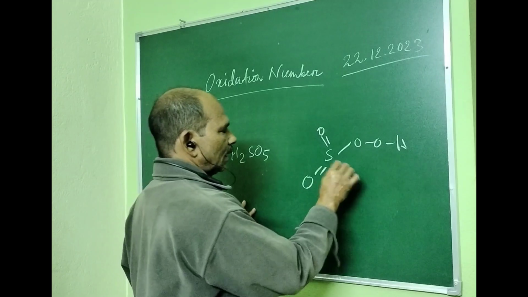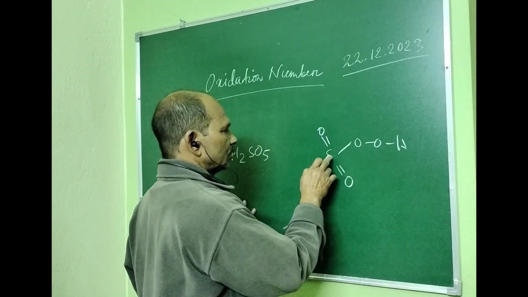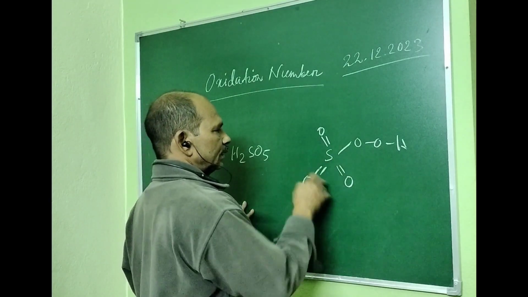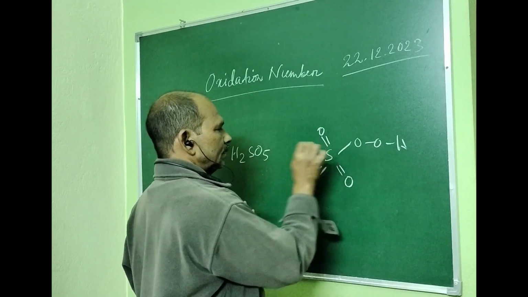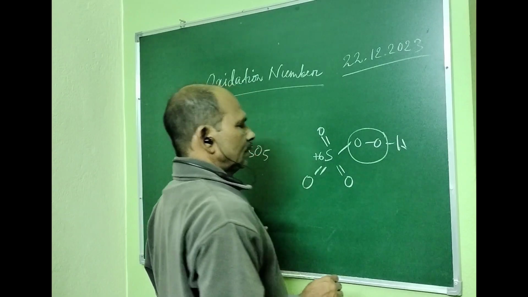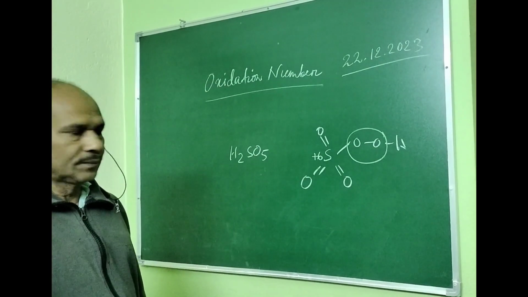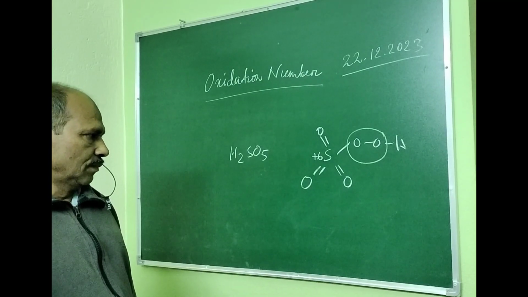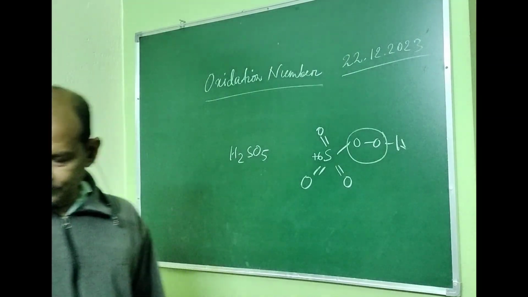But considering the structure, each bond contributes +1 to sulfur, -1 to oxygen. So calculating in this way, we will get +6 for the sulfur. You have to consider here the peroxide linkage, so the confusion becomes clear. So in H2SO5, the oxidation number of sulfur is +6.